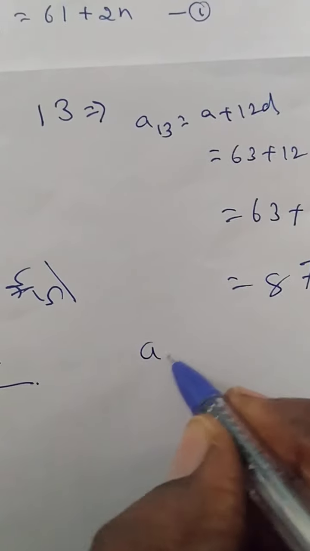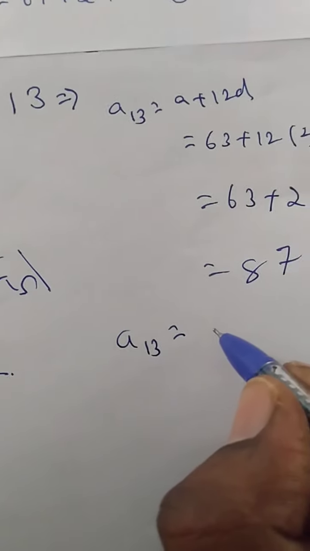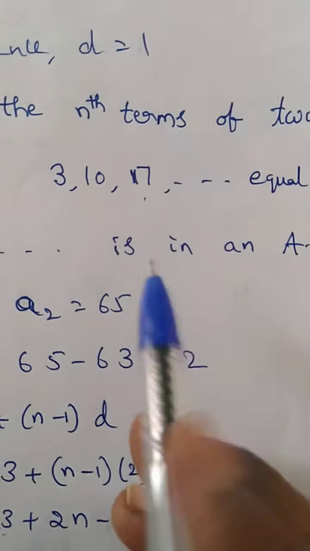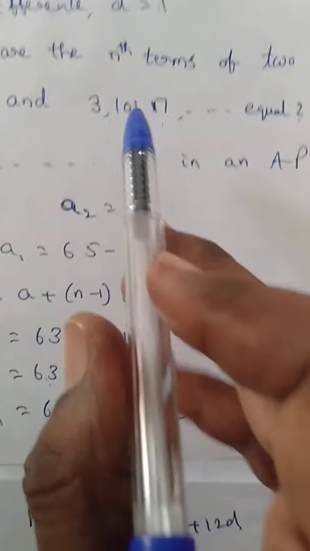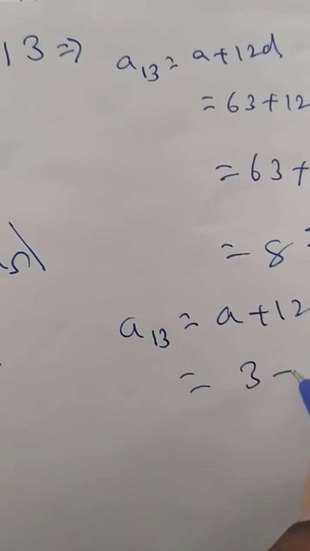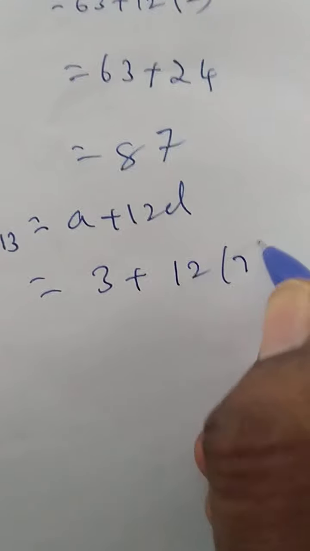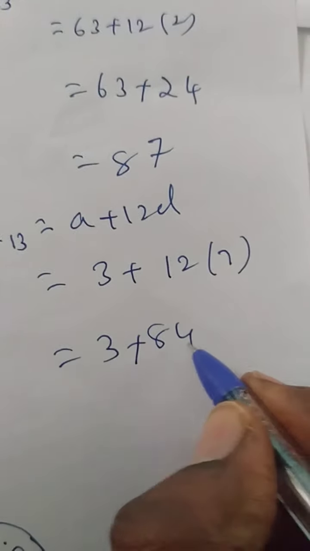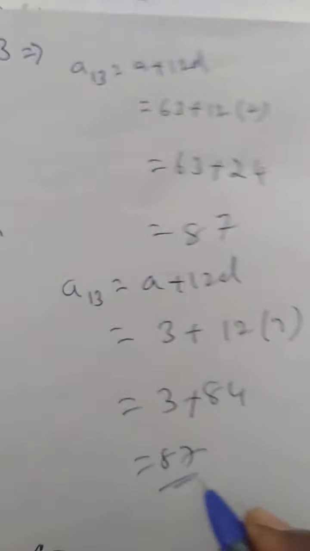We'll check the 13th term for the next arithmetic progression with the same formula. What is the second arithmetic progression? First term 3, common difference 7. So substitute the values: 3 plus 12 into 7. 12 sevens are 84, 84 plus 3 is 87.